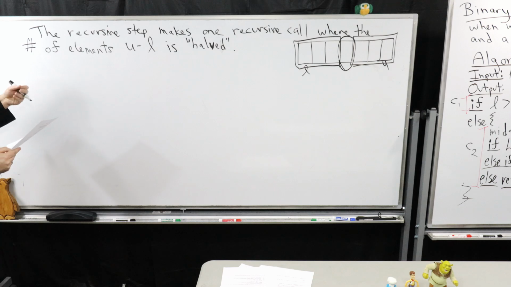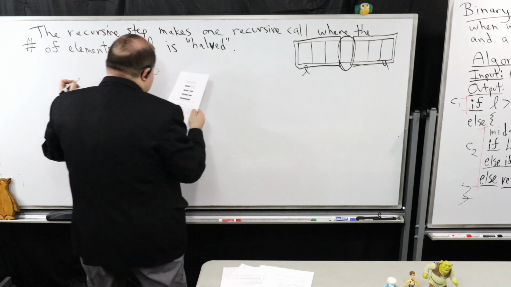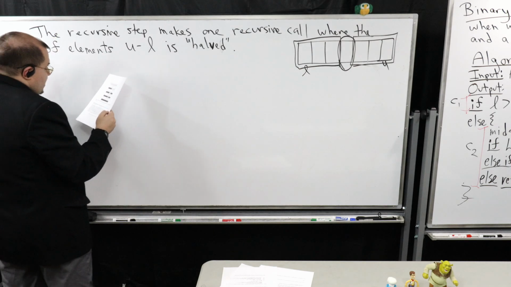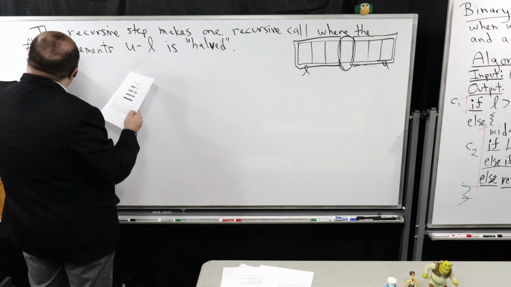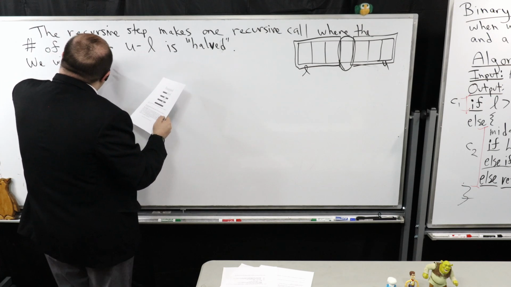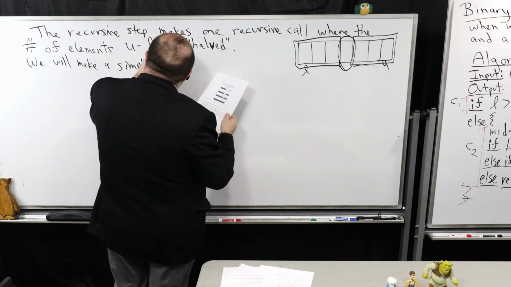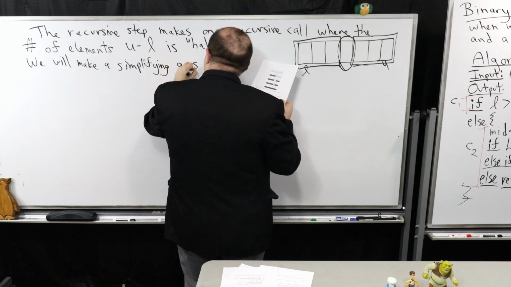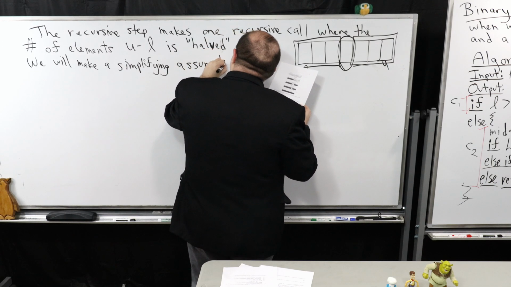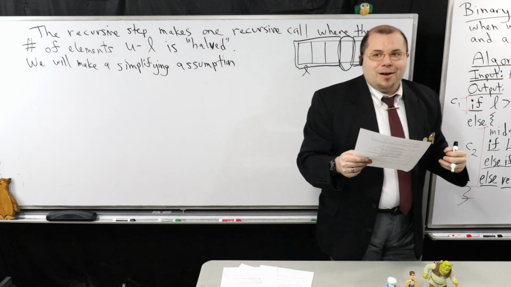So each is halved. Now we will make a simplifying assumption. And I must stress, I can make this assumption because it will bound from above the running time of the algorithm.